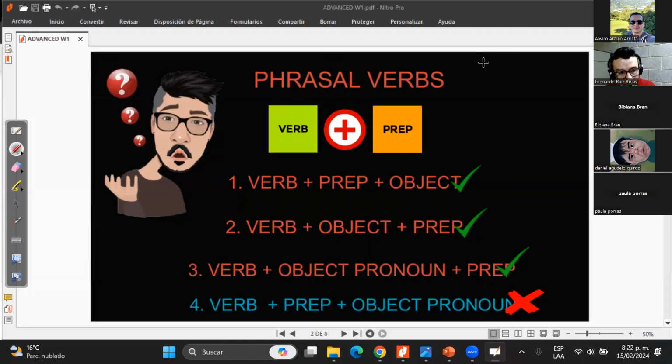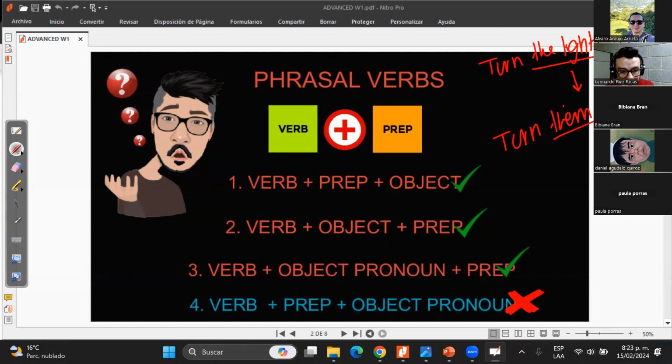Entonces yo puedo decir turn the lights off, ¿cierto? Pero cuando ya sé que estoy hablando de the lights, ese objeto, perdón, lo puedo reemplazar por un pronombre objeto. Entonces en vez de decir turn the lights off, simplemente digo turn them off.